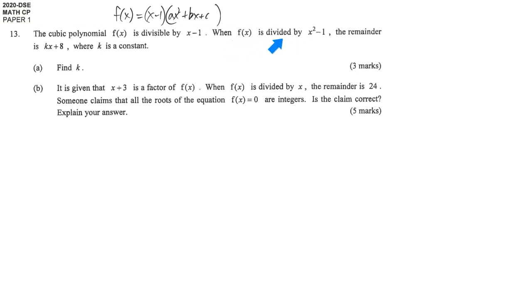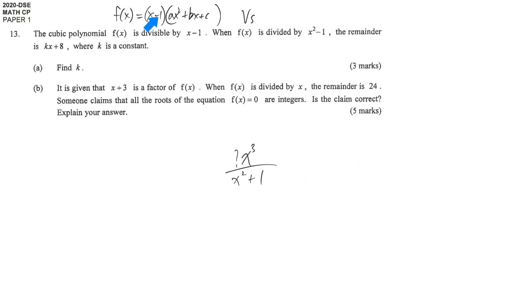This one, they say f(x) is divided by x squared minus 1. If there is something x power 3 divided by x squared minus 1, then what is the quotient? It should be something x power of 1. That means a linear expression.